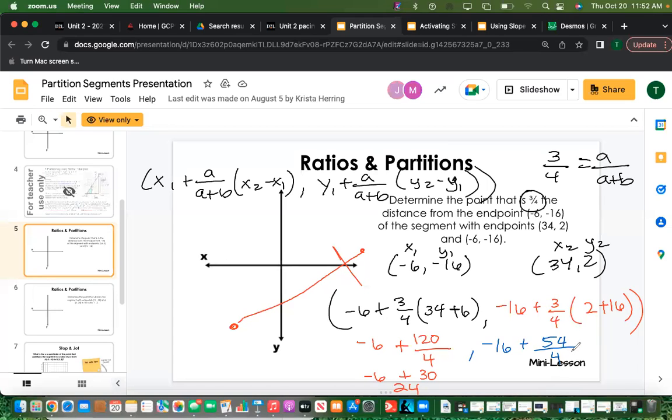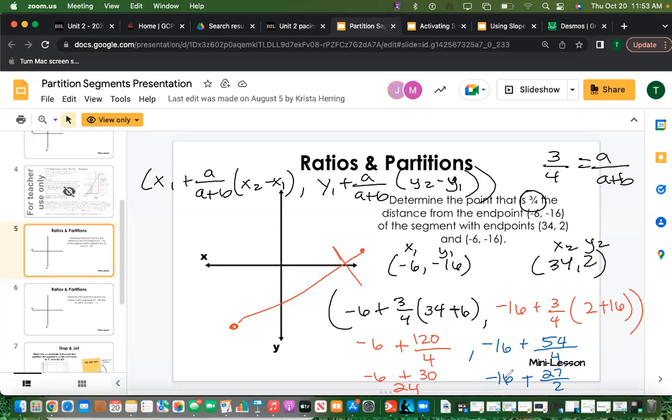We can simplify it by 2, right? What's 54 divided by 2? 27, and that gives me 2 in the denominator. So this is going to be 27 over 2, and we're going to add negative 16 to that. What's 27 divided by 2 in decimal form?